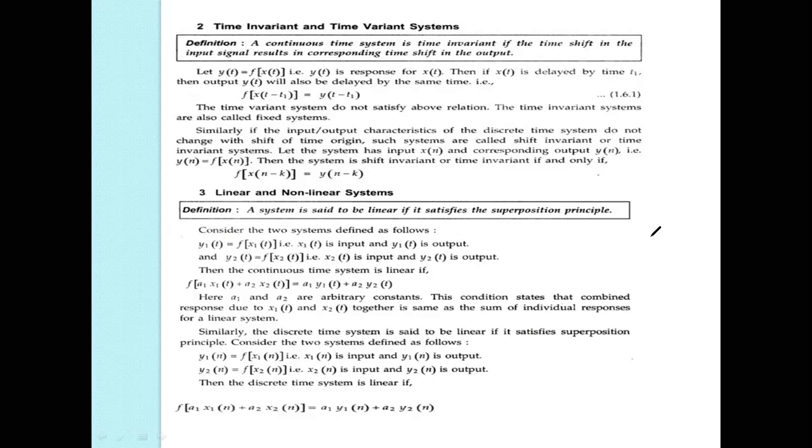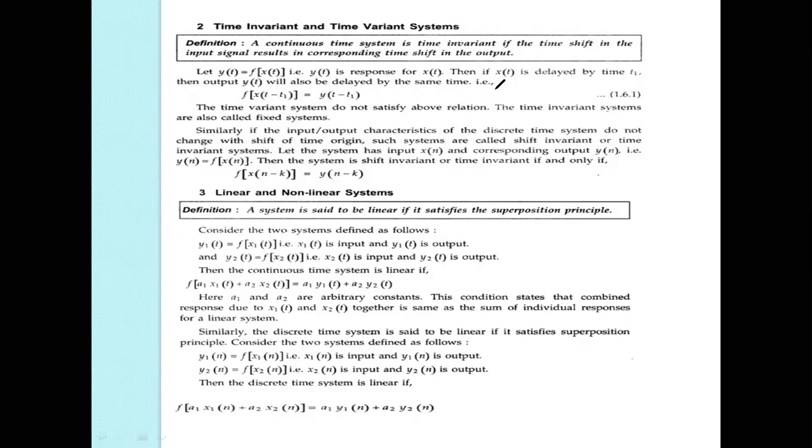If the response y of t is equal to y dash of t, both are equal, then the system is a linear system. Otherwise, it is a non-linear system. Understood, my dear students? Okay.